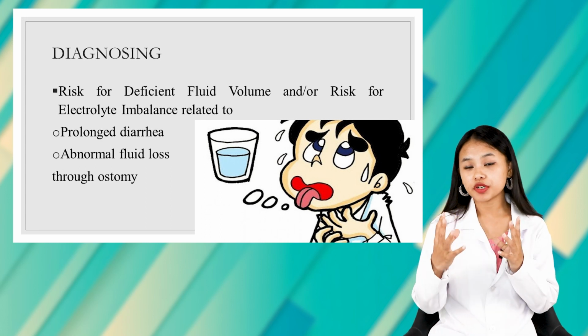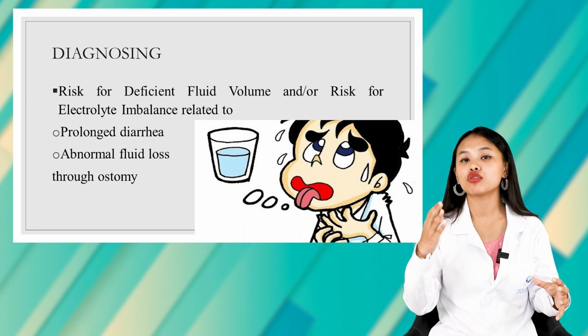So here, if a person is having diarrhea for a long duration of time, or if a person is having an abnormal fluid loss from the body because of ostomy, then this can lead to risk for deficit fluid volume or even risk for electrolyte imbalance. Here, the problem will be the risk for deficit fluid volume, and the causative factor may be the prolonged diarrhea or even the abnormal fluid loss.